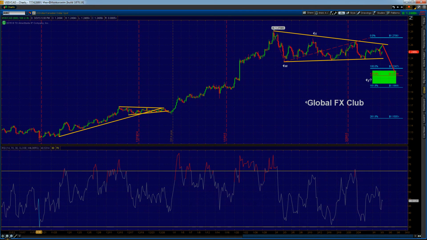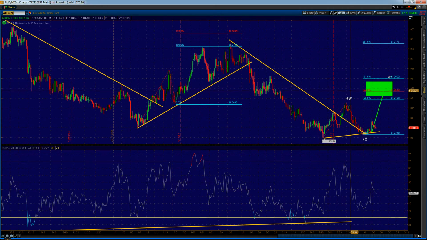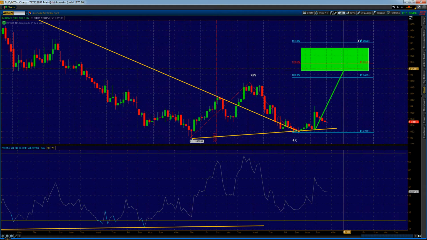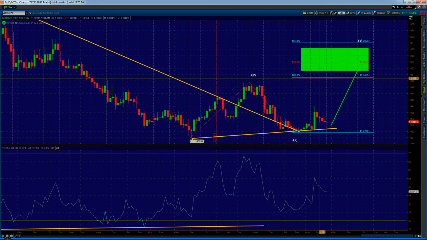First, the Aussie Kiwi. 4-hour time frame. So far so well. A nice bounce. This could actually potentially be a nice addition area if anyone is looking at it. Horizontal resistance, now turned support. We had a spike through, so now we're looking for support.